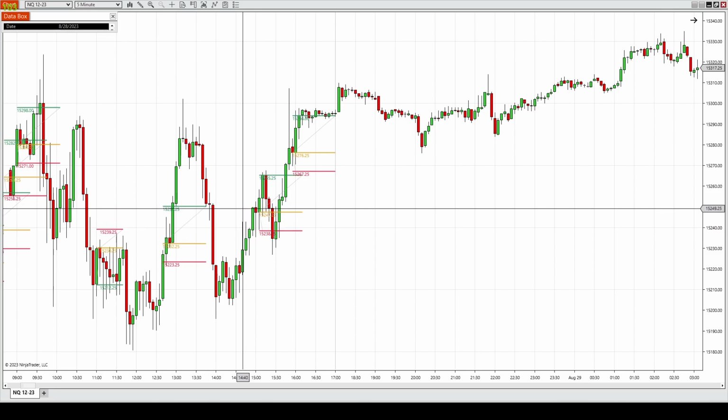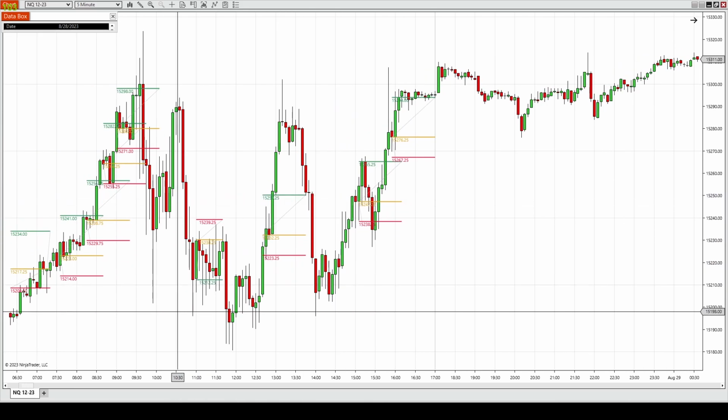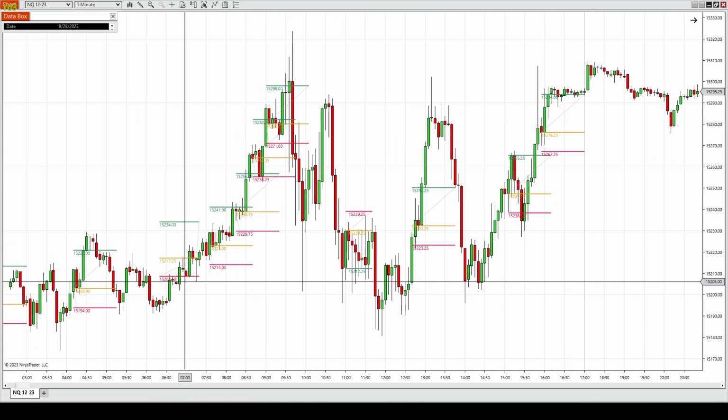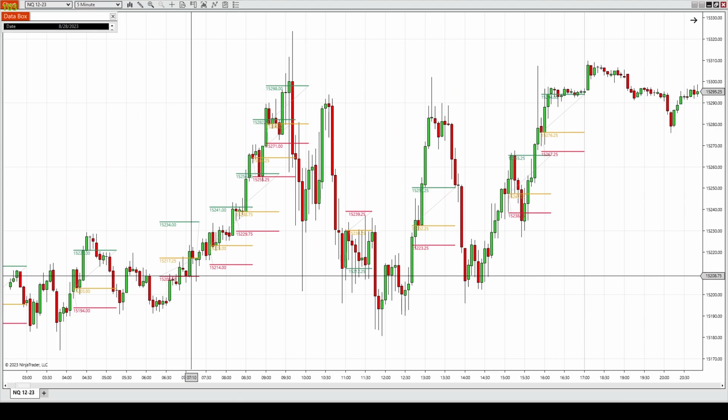The size of the candle is literally $10. There's a lot more movement in the candle. I think that's a very, very important thing to consider, because again, the bigger the candle, the more people are in it, in my eyes.